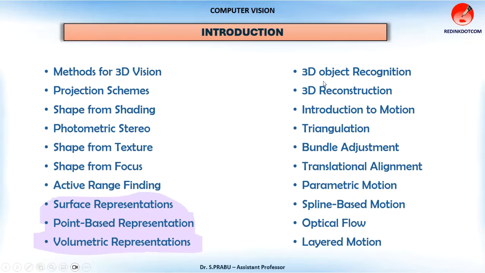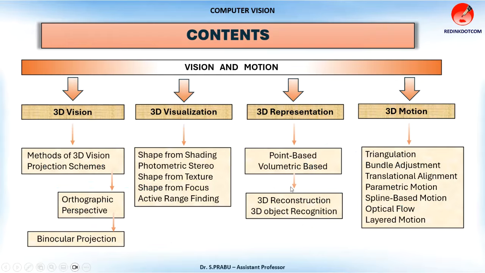The next topic is 3D object recognition. Before this, first we see what 3D reconstruction is. 3D reconstruction is nothing but retrieving the data already stored inside the computer by means of point based representation or volumetric representation.